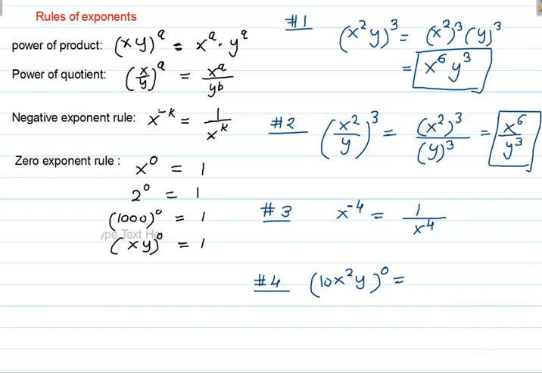So no matter what it is inside the parentheses, whether it is a huge number or a small number or a complex expression, if the power is 0, then it's going to be 1, just 1. Don't need to think much about this. If the whole power outside the parentheses is 0, that means all of this is going to become 1.